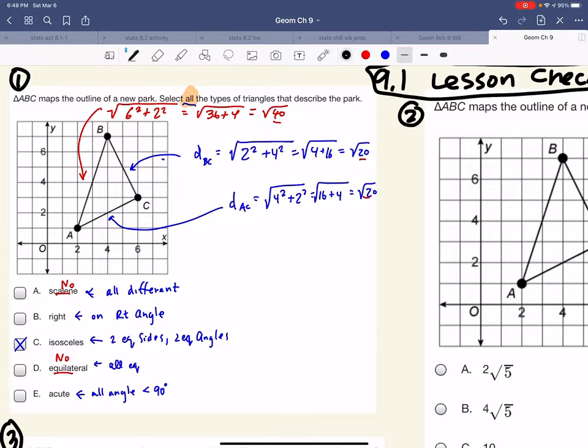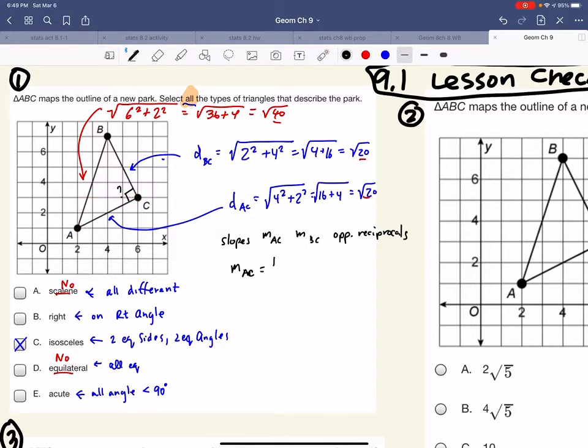So it looks like this angle might be right, but you're not sure. So to verify that, you need the slope of AC and the slope of BC to be opposite reciprocals. So let's investigate. Let's see, the slope of AC, so to get from A to C, I went up 2 over 4.